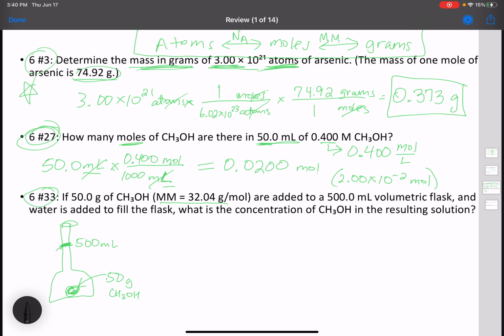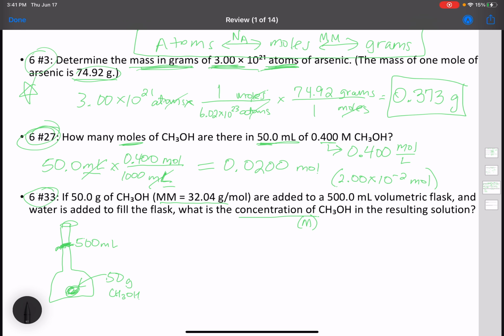So I have a solution that contains 50 grams of methanol. And I want to know, what is the concentration? Now, in Chem 101, the units are in the answer area. On a test, I would need to tell you what units I want it in, but generally concentration, you're looking for units of molarity. So we're looking for molarity of the resulting solution.